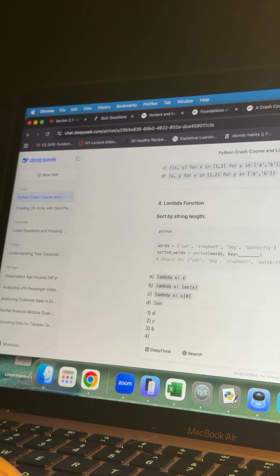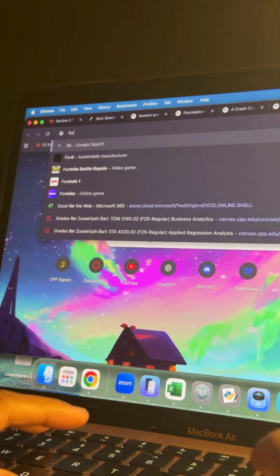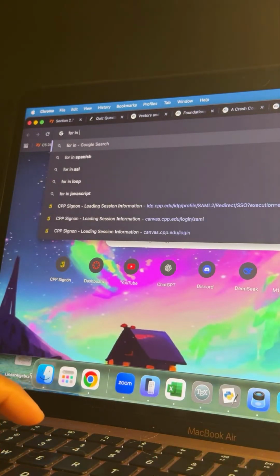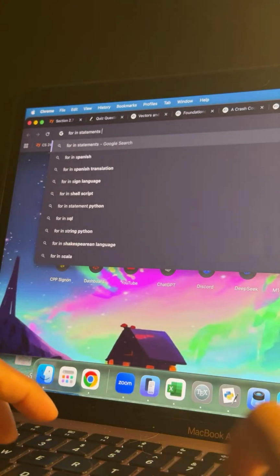All right, number four, lambda function. Also, just from a comprehension, what are for-in statements? That is also a good question. For in statements, Python.